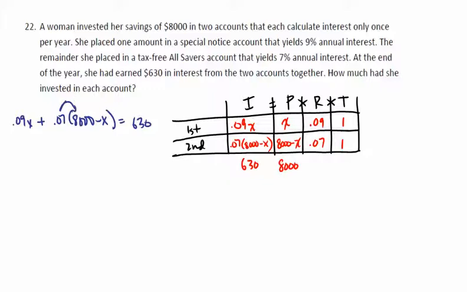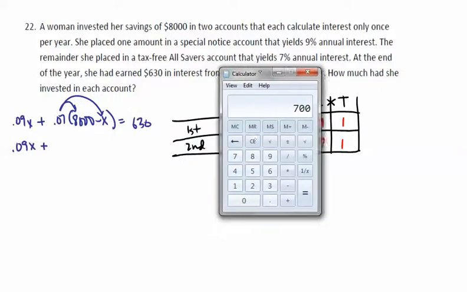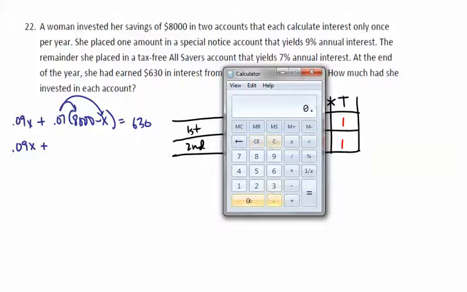So we need to distribute on the left: 0.09x plus 0.07 times 8,000 equals 560.